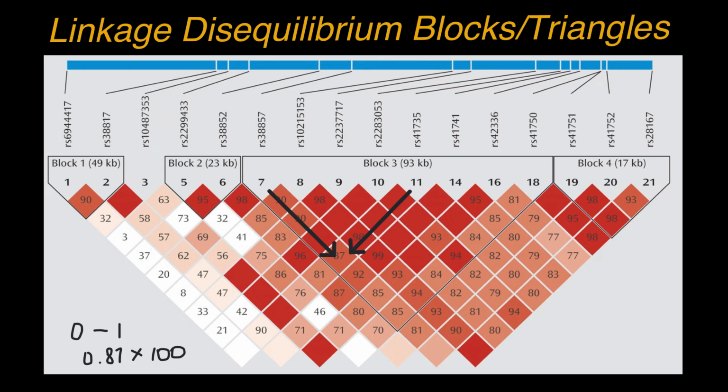Specialized software programs already have this frequency, so you don't have to worry about it. And actually, such white blocks mean that here, in these positions, between, say, block 1 and block 2, these white squares specify between locus 1, 2, and 5 and 6, we have a crossing over hotspot.